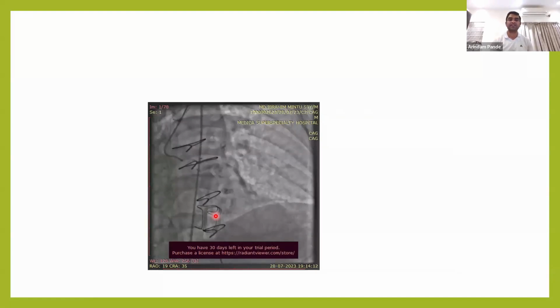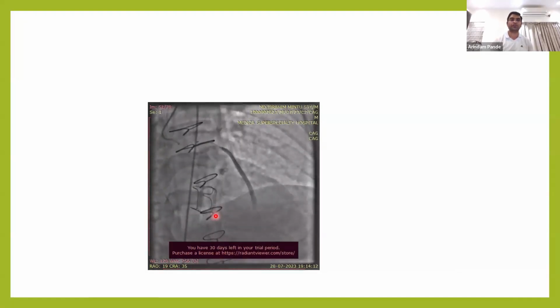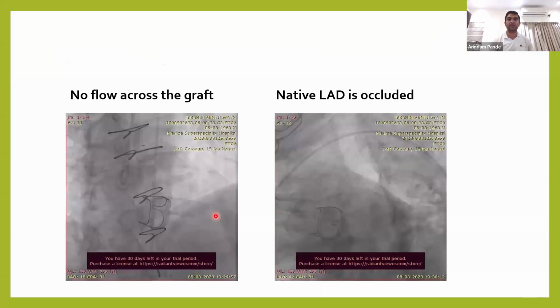Again, significant angina, but this time the problem was, now this was the angio. So stenting to the SVG to LAD was planned, but due to monetary issues, they came after 2 weeks. Now, when we took him again for the angioplasty, we could not see any flow through that venous graft.